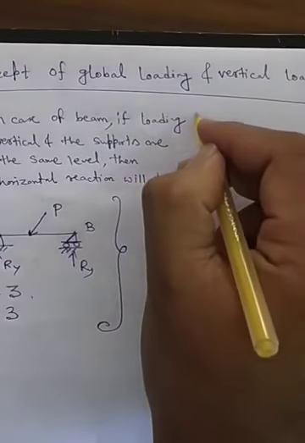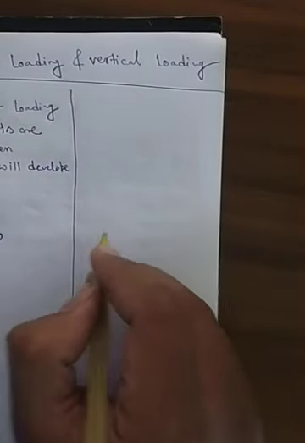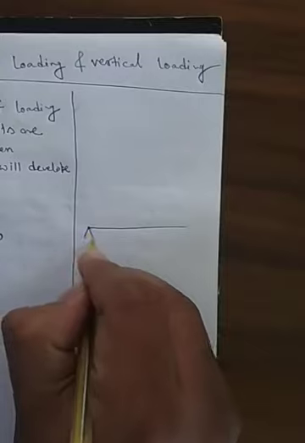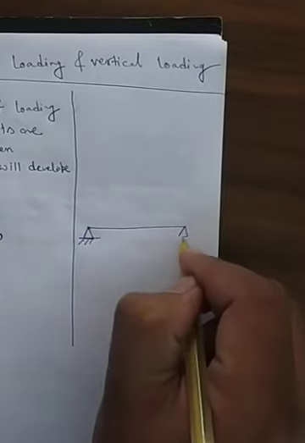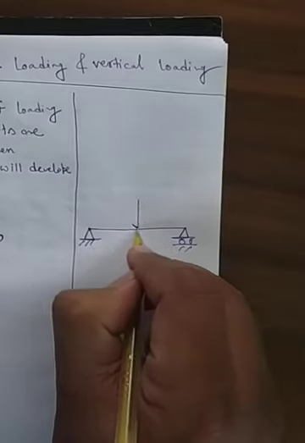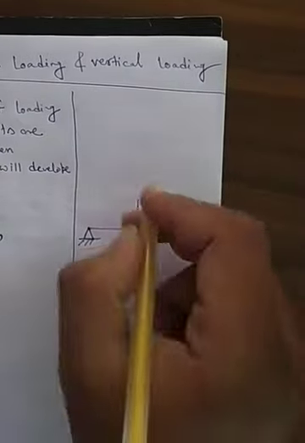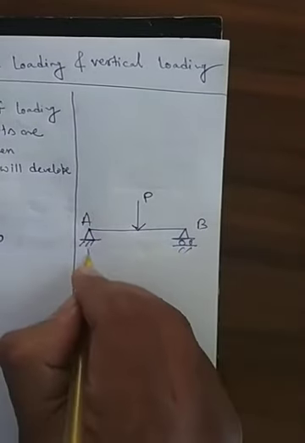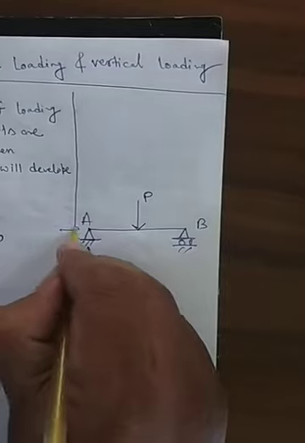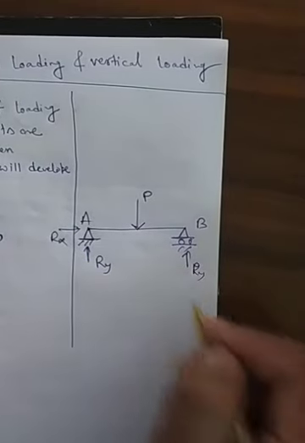But if the load comes vertical, not inclined, clear? This is A point, this is B point, this is Ry, this is Rx, and this is Ry also.